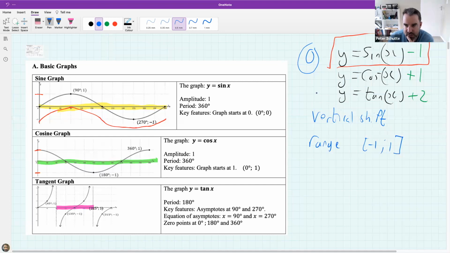But I shifted the original graph down and I drew the red one. Can you tell me what the range is for the shifted graph that's been shifted down? So I'm basically focusing on sine x minus 1. What is going to be the range of the shifted graph that I've just drawn in here? And I want you to try and put that in the chat.